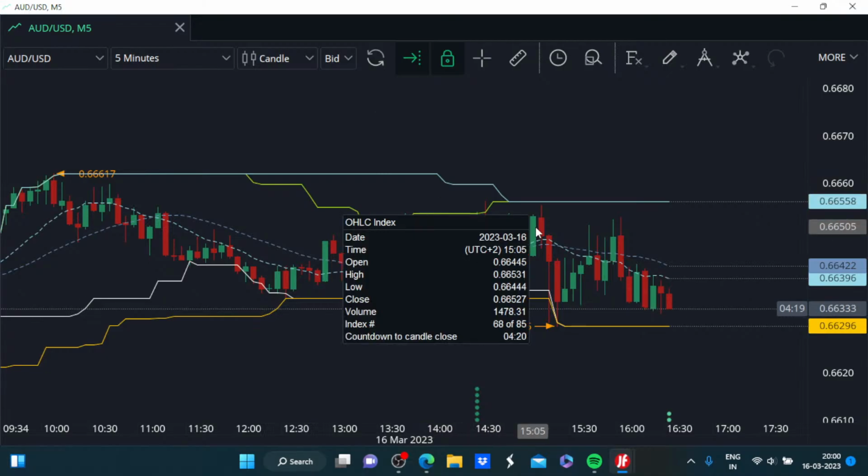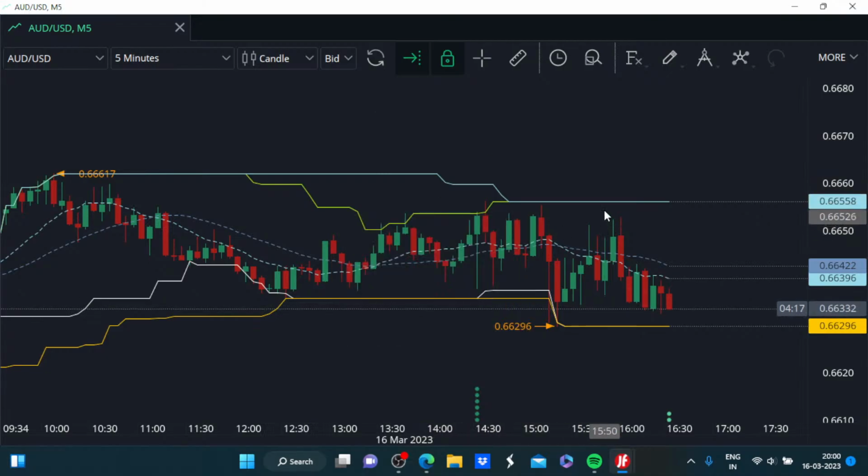Looking at the current scenario, the AUD is indeed looking slightly more bearish, but the volatility is not that much for the AUD. So if you tend to prefer more volatile instruments, then the euro would be a better choice. But if you are fine with this limited range, then the AUD is also there for trade.